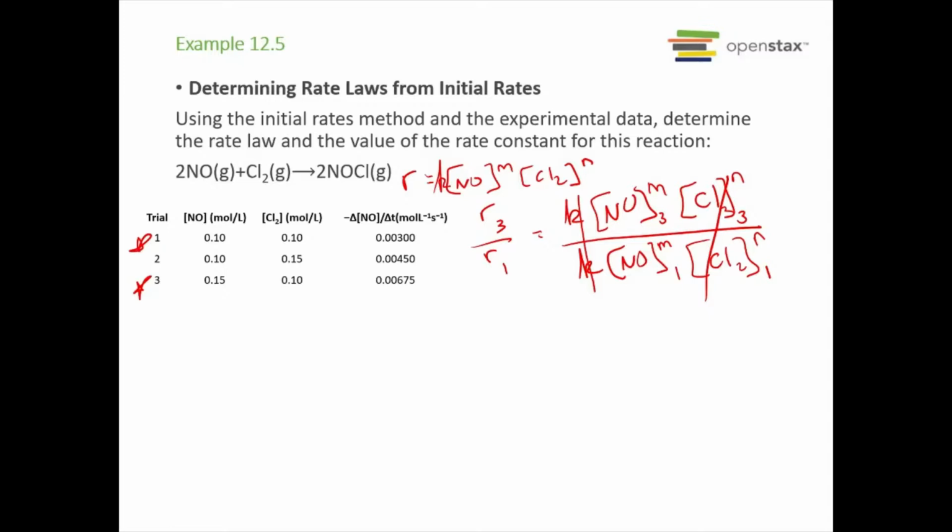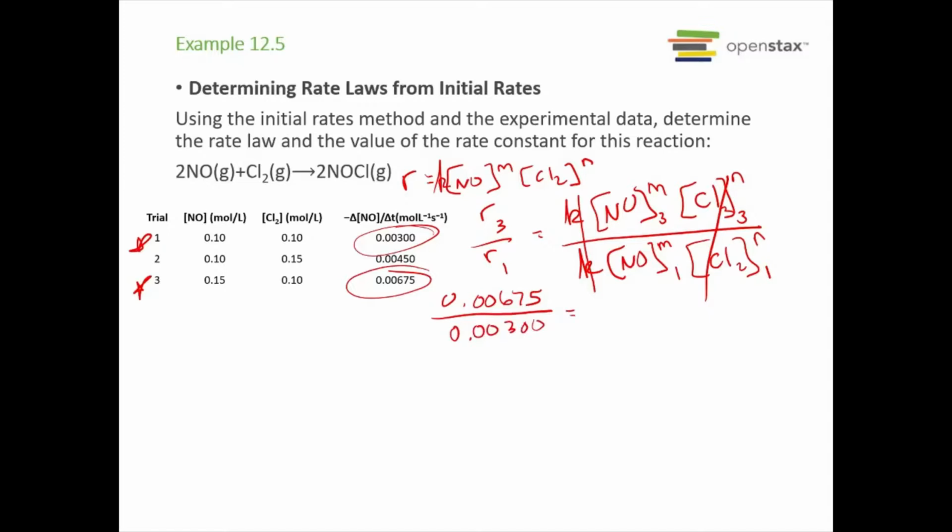So now we can go ahead and solve. Now we know our rate from reaction 3 is equal to 0.00675. Divide that by the rate from reaction 1, 0.00300.